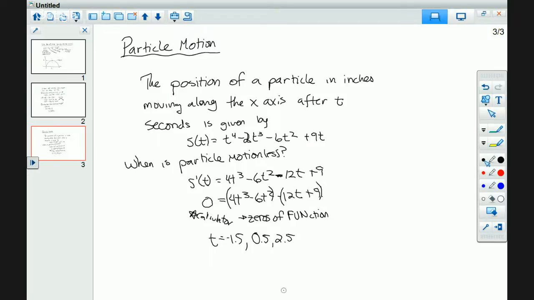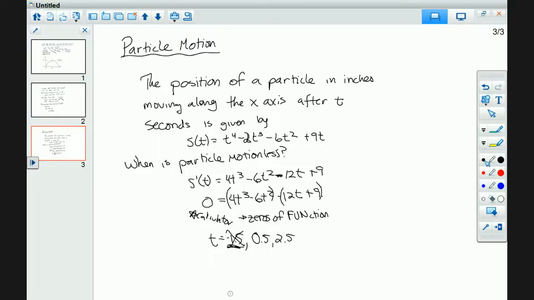Now, if we're living in the real world, and I have negative time, so probably not going to answer it. Sometimes you have to think real world here. How would I know when the velocity is negative? So what does the negative velocity mean?